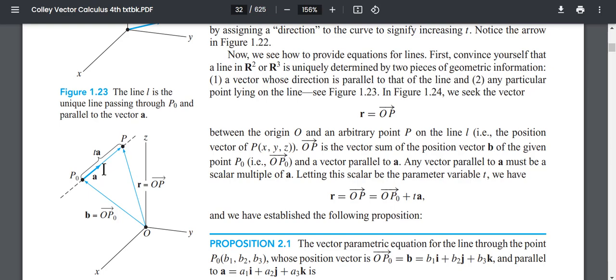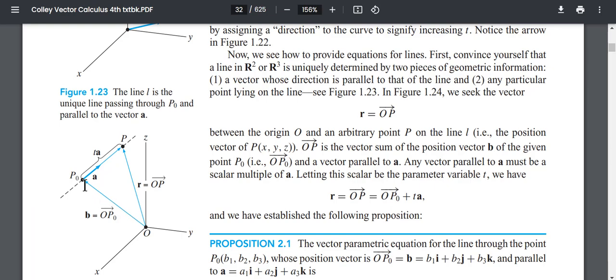So what's the relationship here? How can we write what R is equal to? Well, we can write it as a sum. A sum of what? A sum of two vectors. Which two vectors? This vector plus some multiple of A. It's not going to be necessarily exactly A, but some multiple of A. And that's clear that we can get to R by going this way.